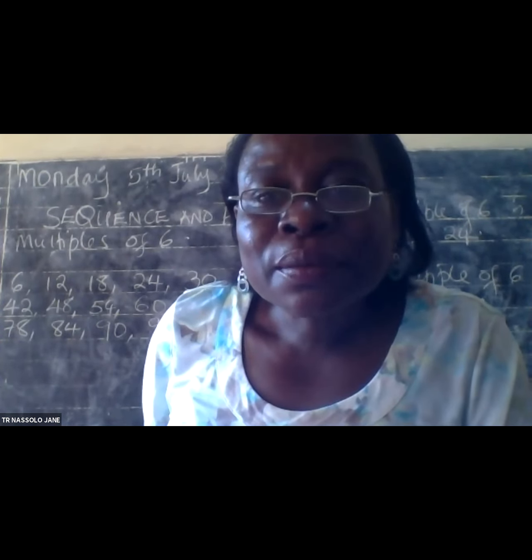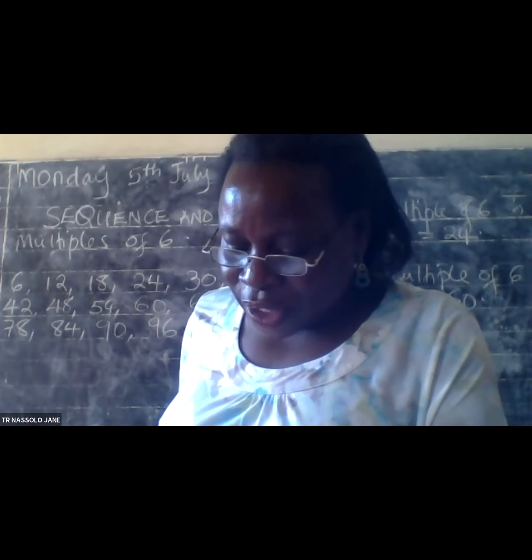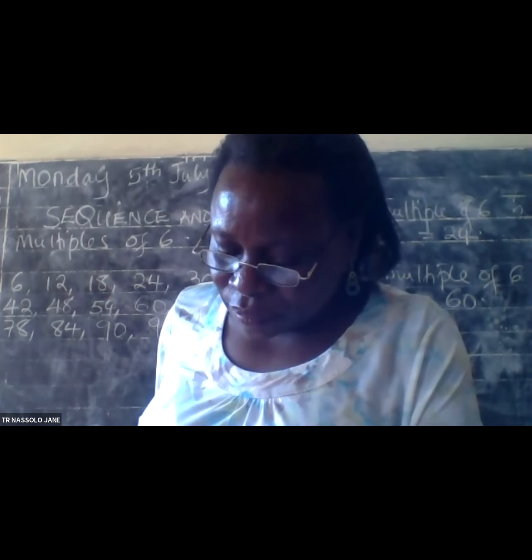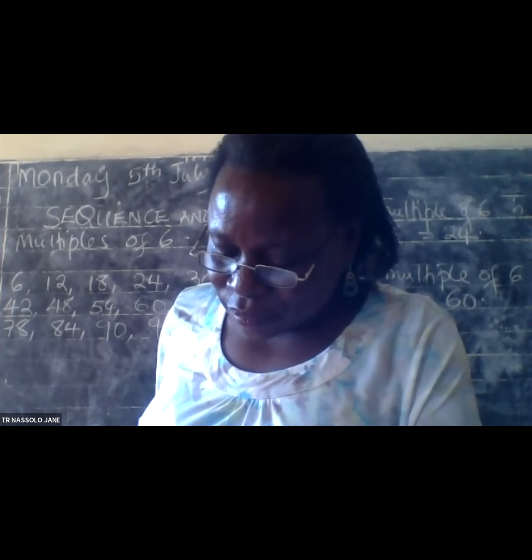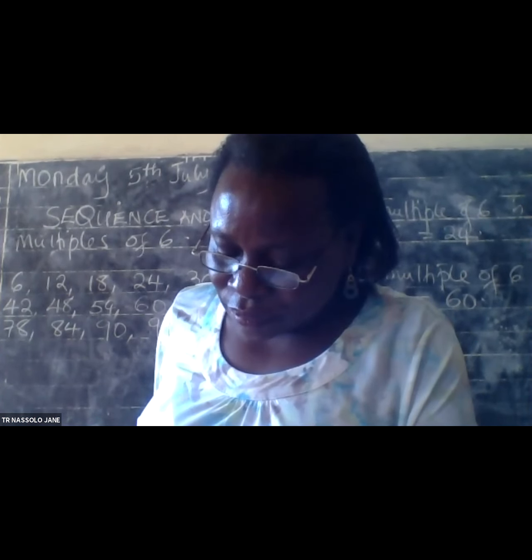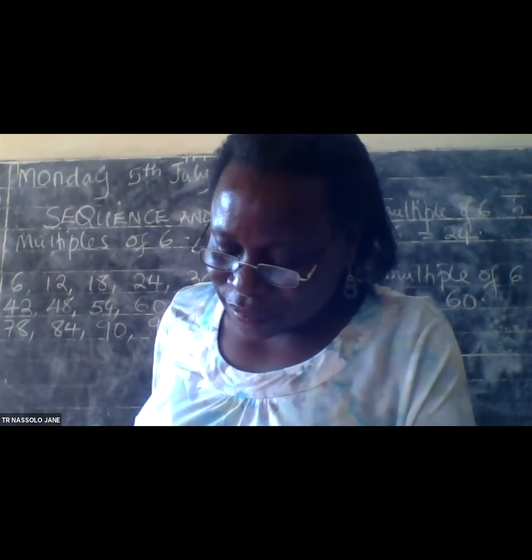Copy each statement about these multiples and write down the numbers that go in the spaces. A, the third multiple of dash is dash.